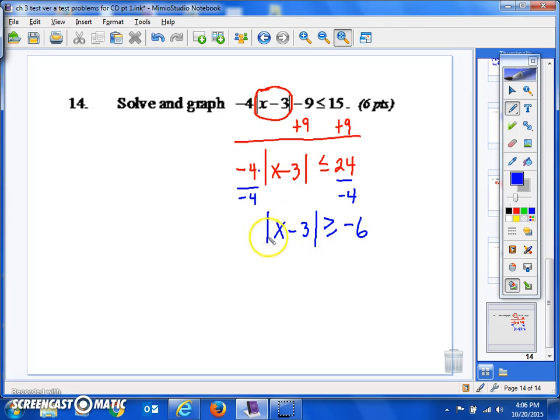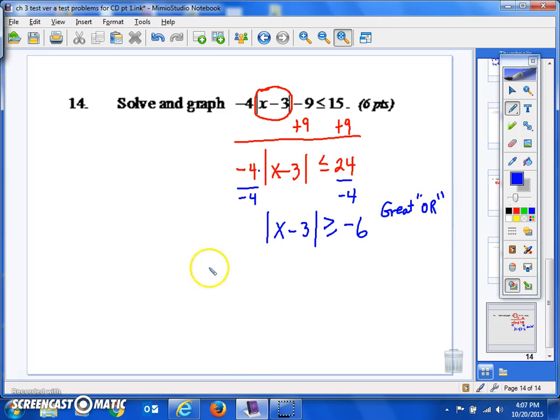Okay, now with absolute value inequalities in one variable like this, when we get to this point, we have to recognize whether this is an AND compound inequality or an OR compound. What I've told the class is just think of the word greater, but instead of greater spelled correctly, use OR.